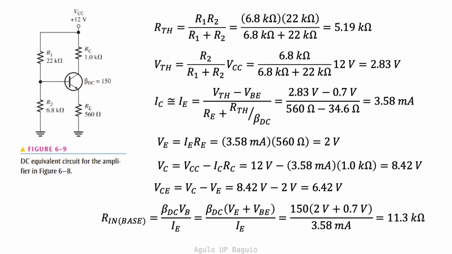Note that the input base resistance is computed to be 11.3 kiloohms and is quite comparable to the value of R2. This means that we are justified in using the Thevenized equivalent of the voltage divider bias circuit for the transistor. You can also see from this analysis the significance of keeping the emitter resistor in determining the Q point.